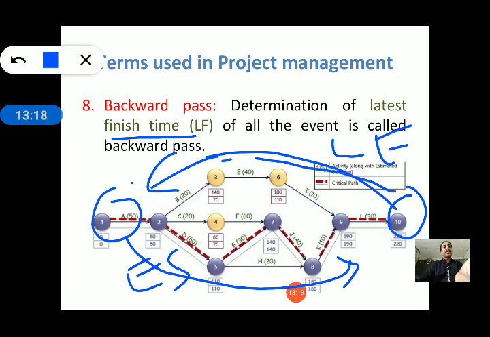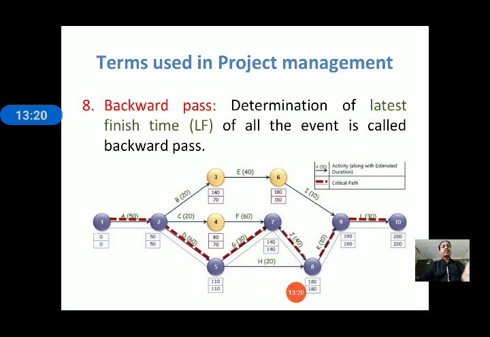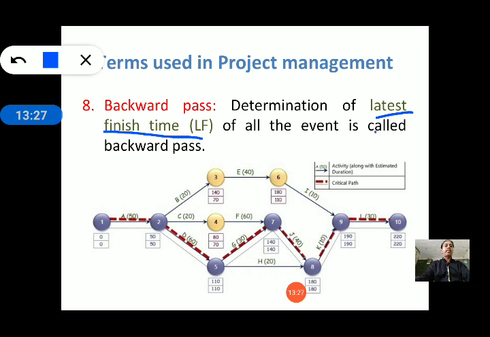So this is the reverse or backward pass. Backward pass is the determination of latest finish time of all events, and the determination of earliest start time of all events is called forward pass.